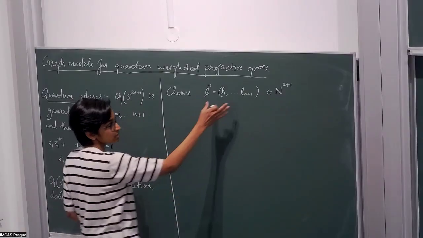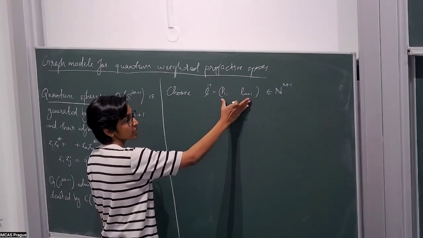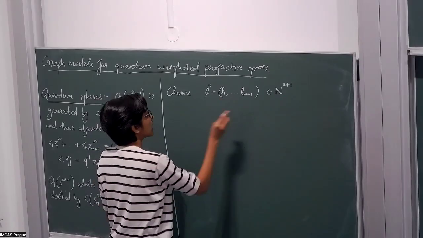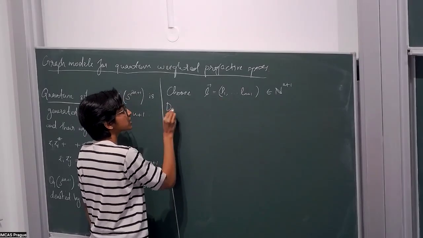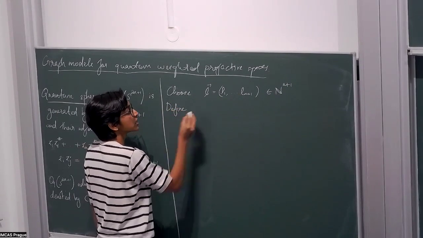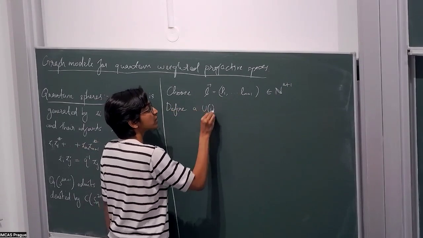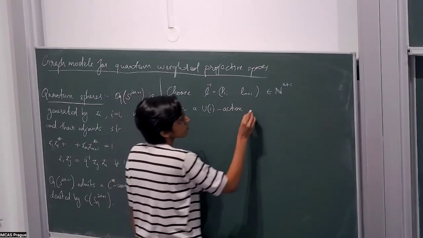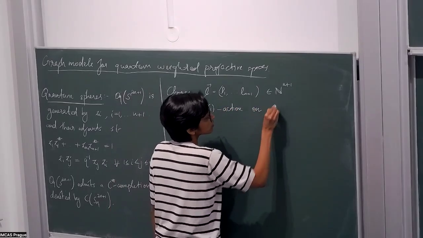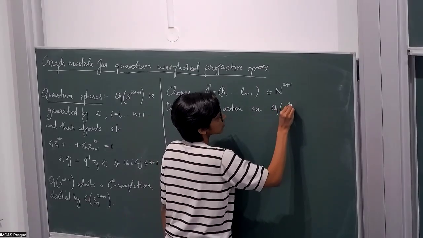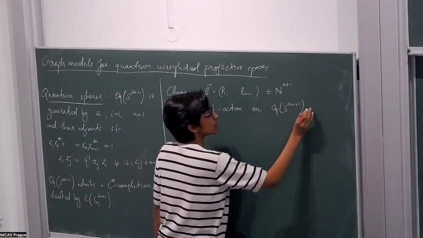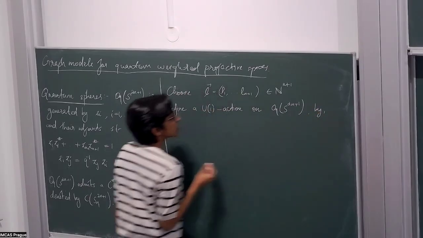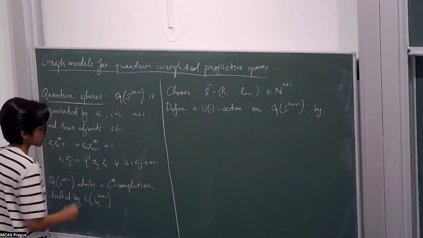This is just n+1 many positive integers. And using this, I can define a weighted U(1) action on the sphere, and I can define it on the generators.